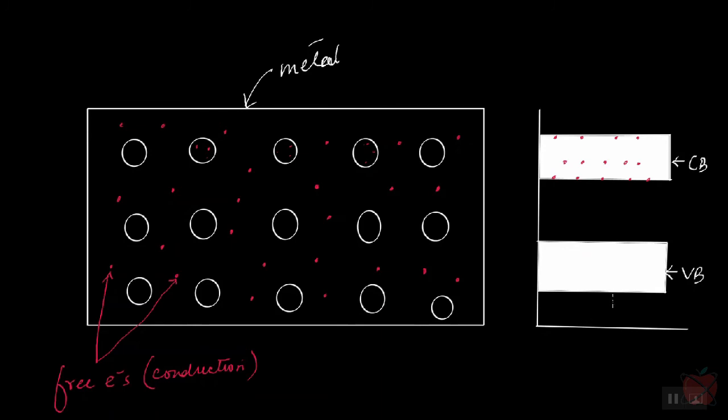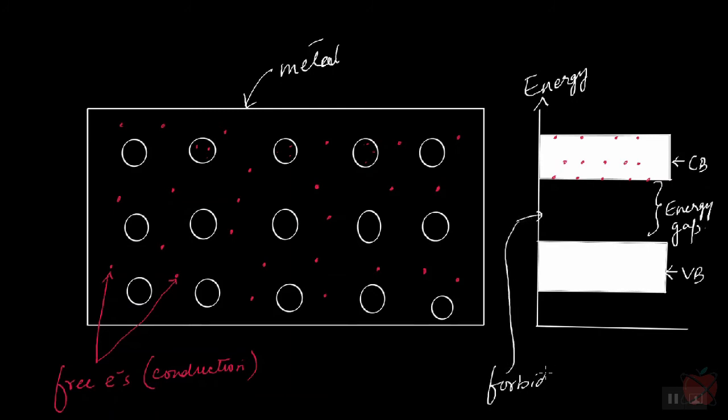And in the energy level diagram, the valence band is situated below the conduction band, and there is a gap in between the conduction band and the valence band. This is known as the energy gap, or sometimes it is called the forbidden gap.